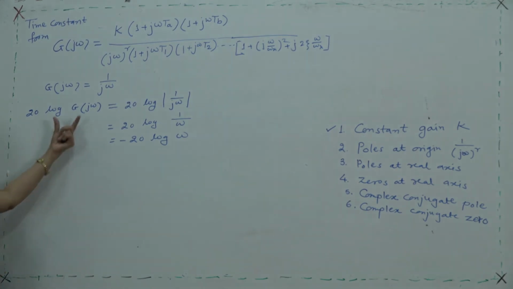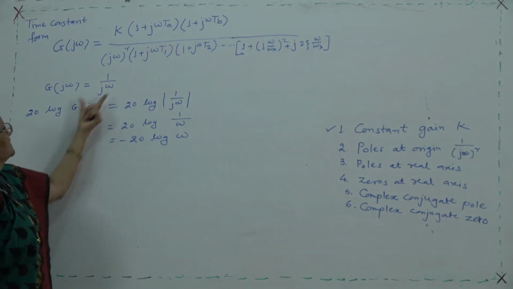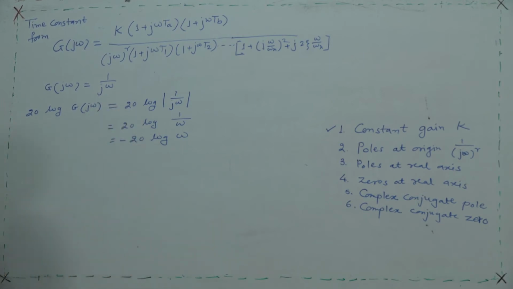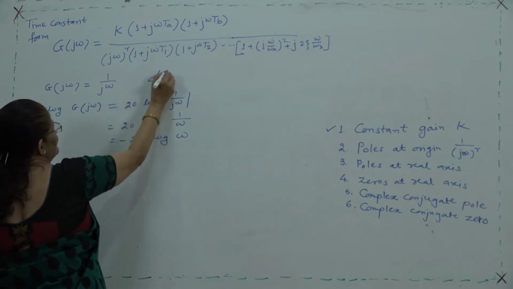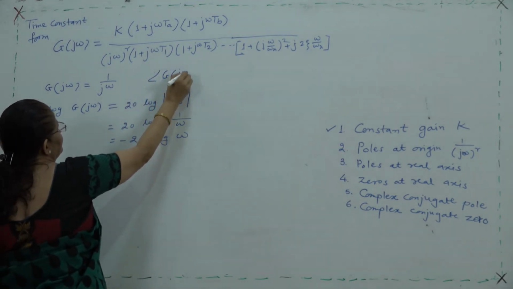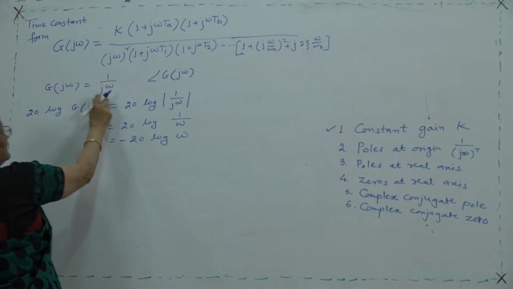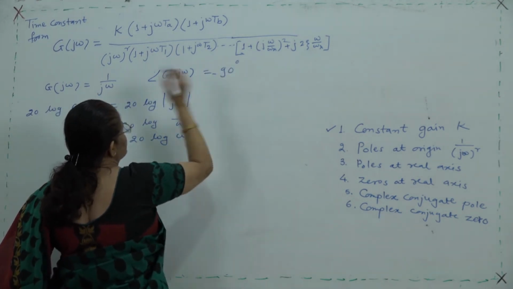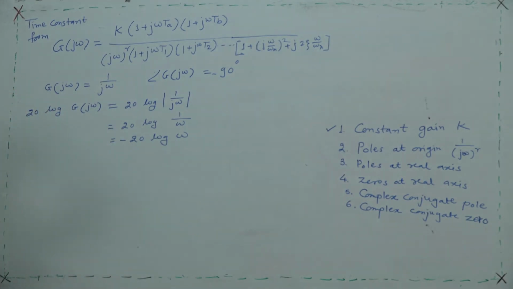See, I want the magnitude of g j omega, so we can write it like this, minus 20 log of omega. So, how will you draw this now, the magnitude plot? And what is the angle? Angle g j omega, for only a single pole at origin, is minus 90 degrees.